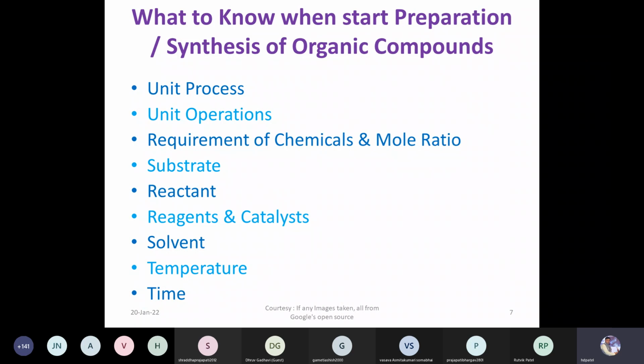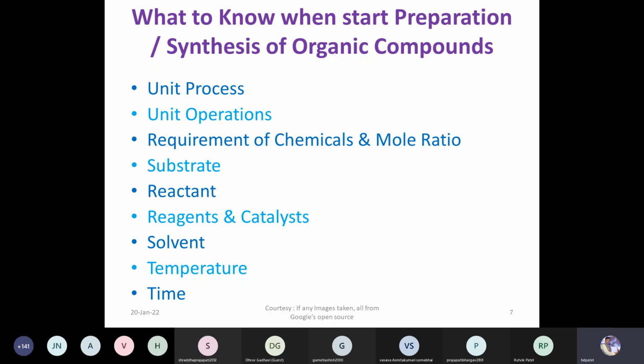Sometimes if you have some material with solvent, then removal of solvent to get the pure product, that is filtration, also known as a physical operation. Then distillation of one or two solvents from the mixture is also a physical operation. Drying is a physical operation. There are several types of physical operations. All physical operations we can keep in unit operations.